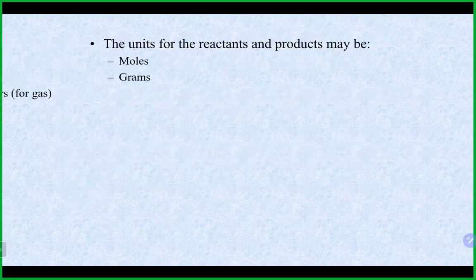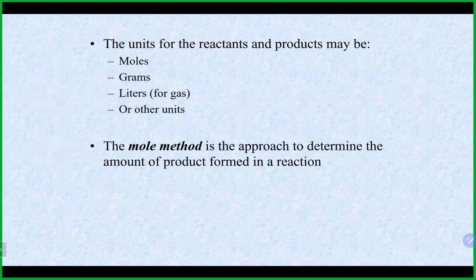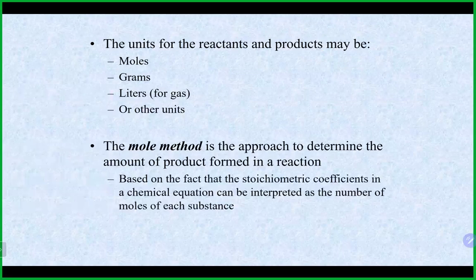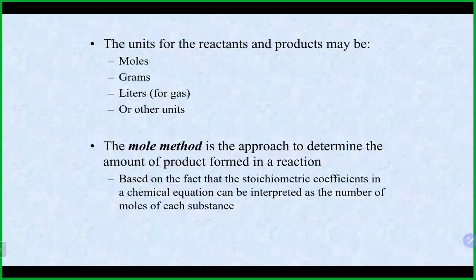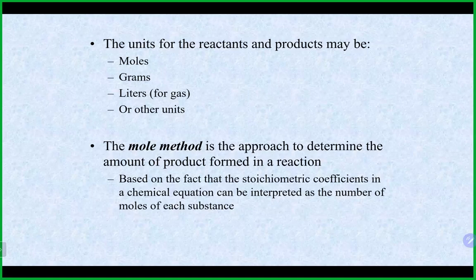Now, in terms of units that we use in these type of problems, there really are a bunch of different units, and we will see them as we continue on in further chapters. We will use some different units with stoichiometry, but the basic calculation is really the same. We could have units of moles, grams, liters, or really any type of unit.